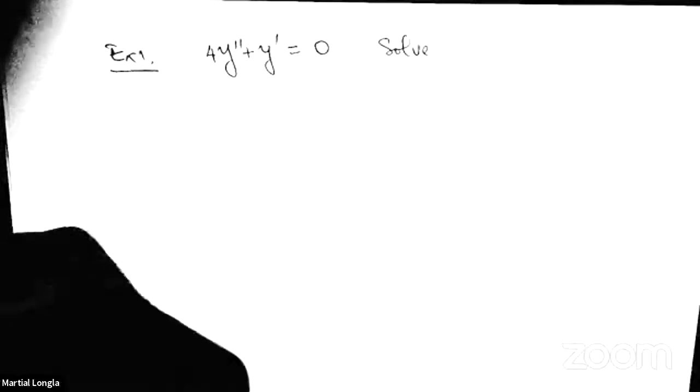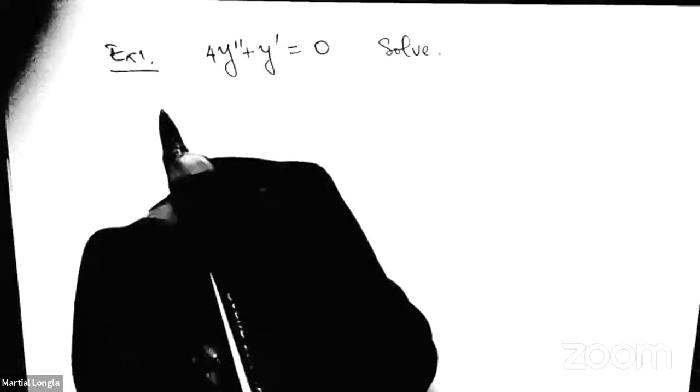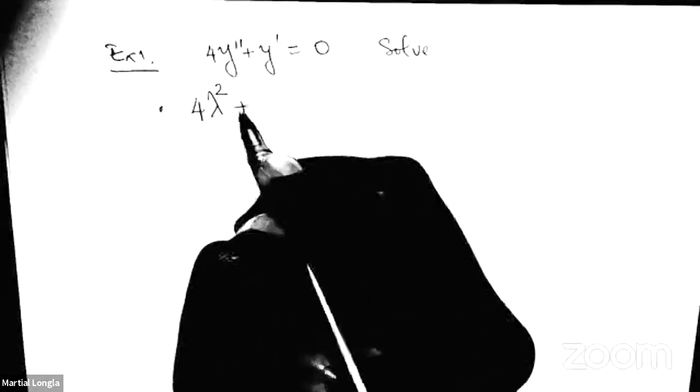4y double prime plus y prime equals 0. So right there, step 1, write the Euler equation. 4 lambda squared, replace derivatives by powers of lambda, plus lambda to the power 1 equals 0.